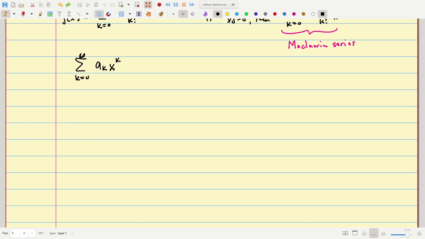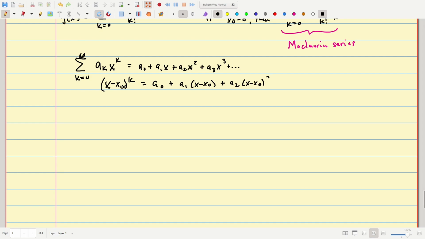If I want to expand it out, that's what it looks like: coefficient times the appropriate power of x. If I had x minus x naught to the k here, that's the only change that happens.